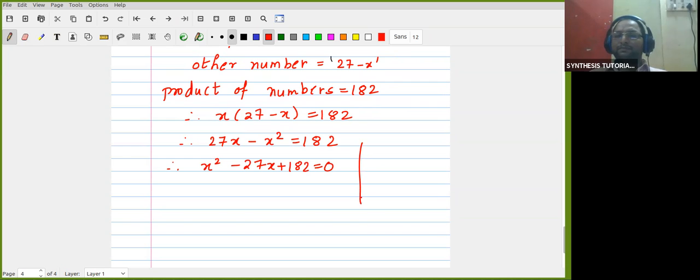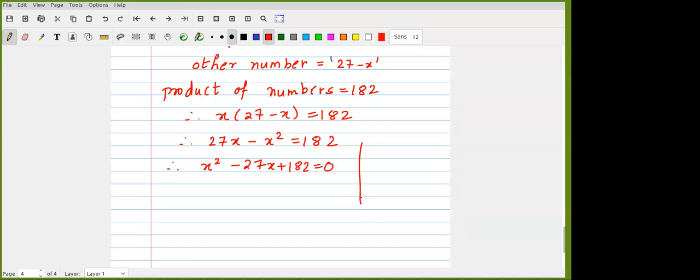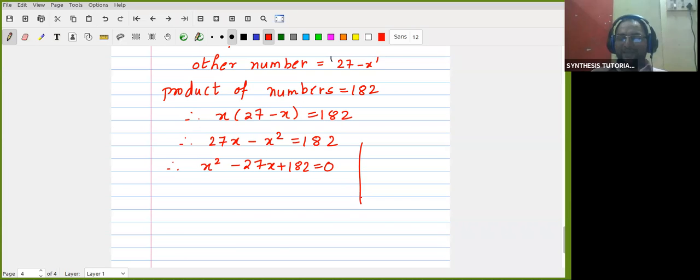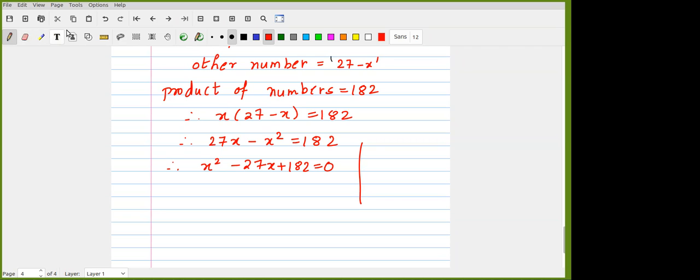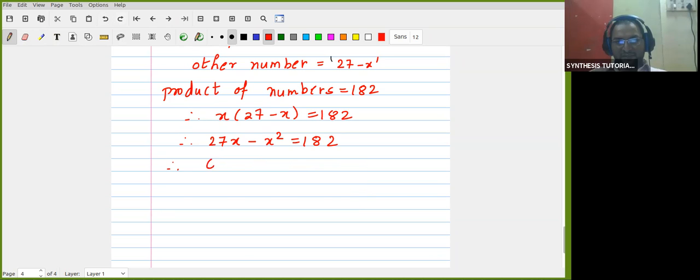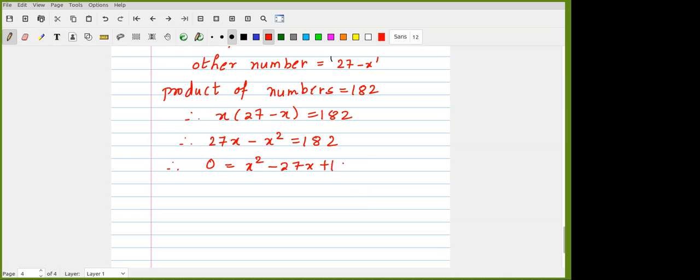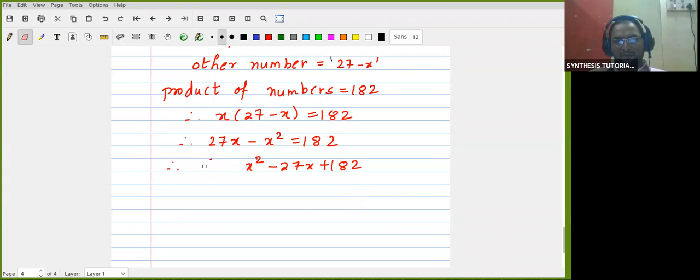Yes or no? You didn't understand my rearrangement? I'll show you. See, this minus x square will go there and become plus x square, and 27x, just transposing it to the other side. So this is equal to 0. All of you agree?